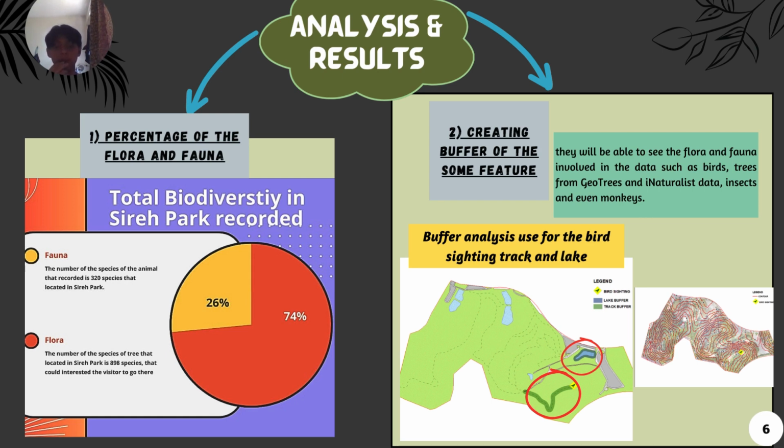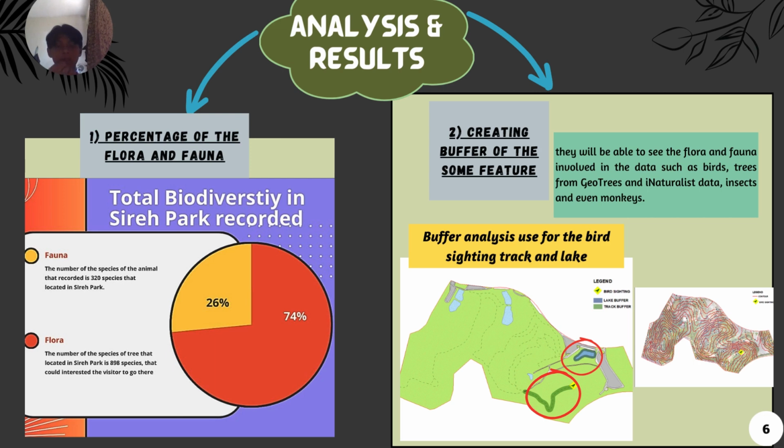And then we also use buffer analysis, for some features like the lake buffer and bird sighting track. This will help the visitor to see the flora and fauna that should be in that feature, and in what range.